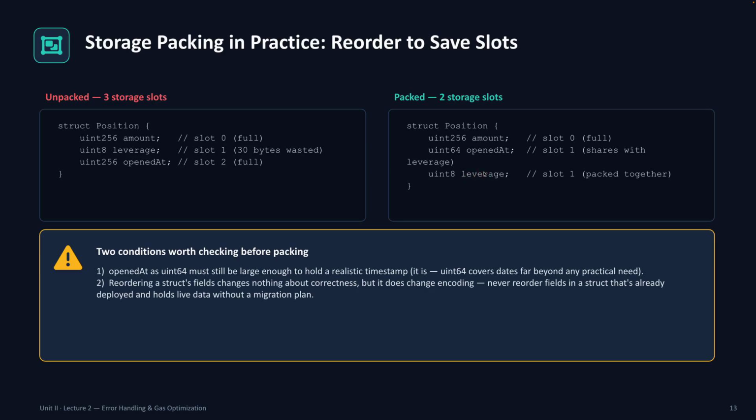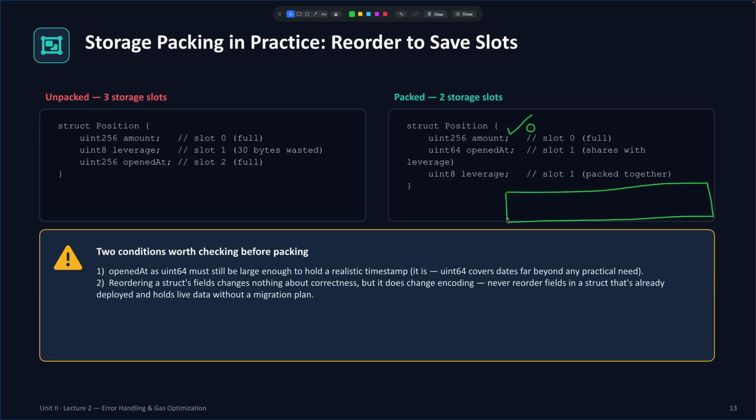What exactly is happening? First, amount goes into slot 0. Then we have our slot 1. Inside slot 1, the first 8 bytes are taken up by openDate. Then the next 1 byte is taken up by leverage, and the remaining bytes are kept empty.